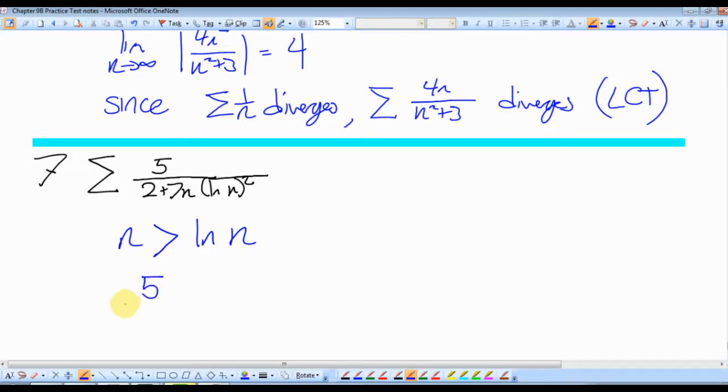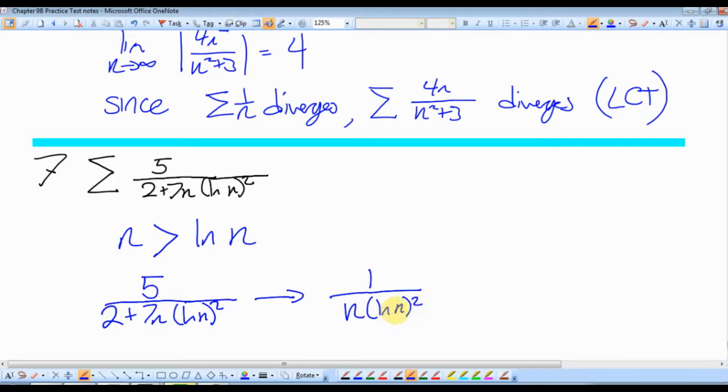We're starting with 5 over 2 plus 7n natural log of n squared. And then we're going to take all those constants and get rid of them. This right here is not a p-series.